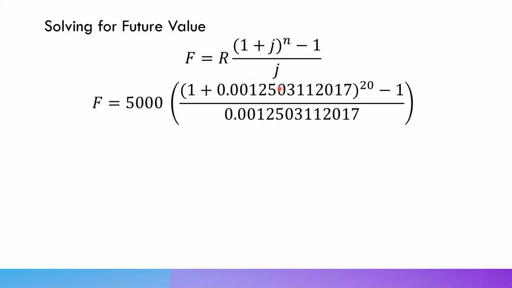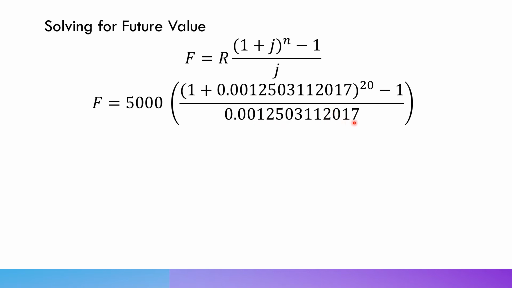By substitution, we have F is equal to 5,000 times the quotient of 1 plus 0.001250311217 raised to 20th minus 1 all over 0.001250311217.